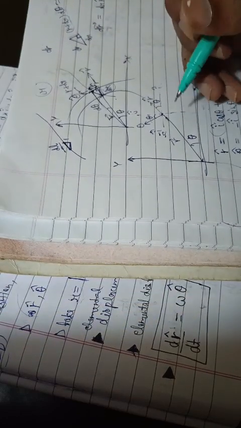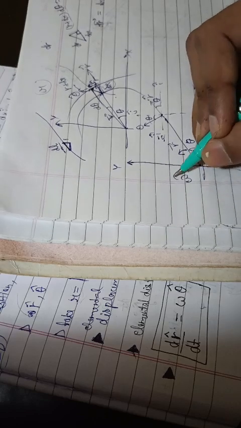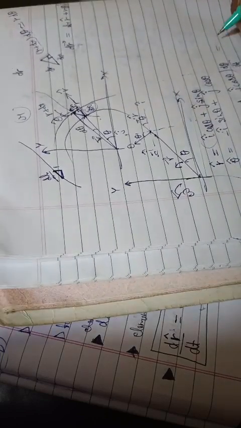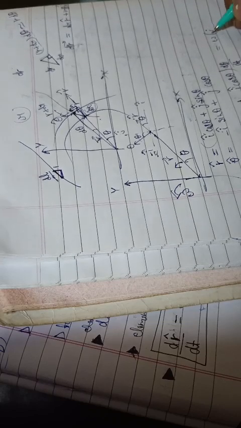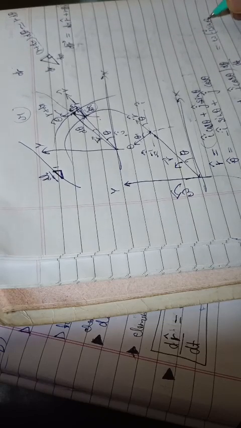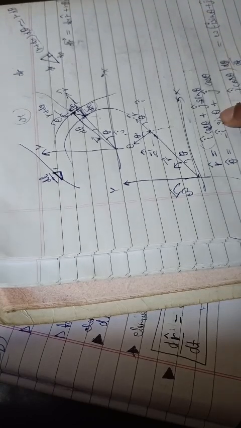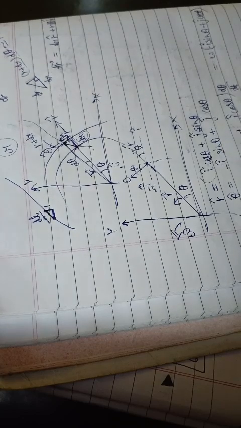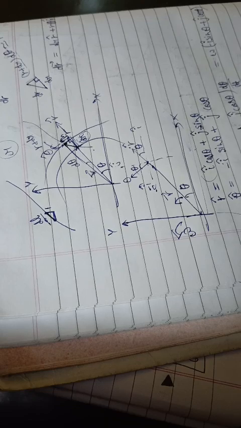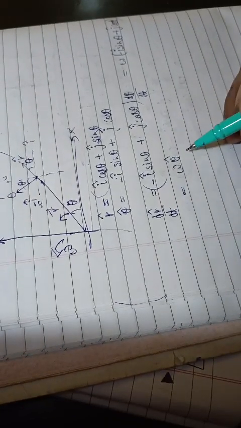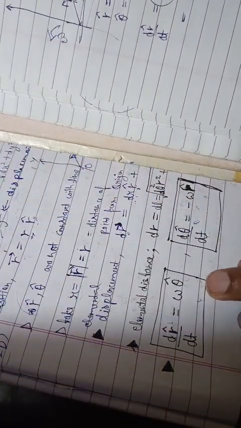I chose theta to be increasing in that direction, so omega is also in that direction. So it gives omega times minus i cap sin theta plus j cap cos theta, and this is equal to this theta cap. So we can write it as omega theta cap. So d r cap by dt becomes equal to omega theta cap. This is the first relation.